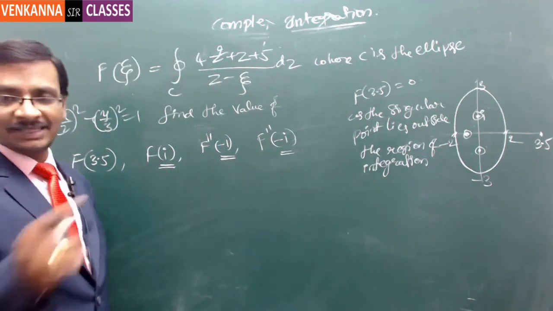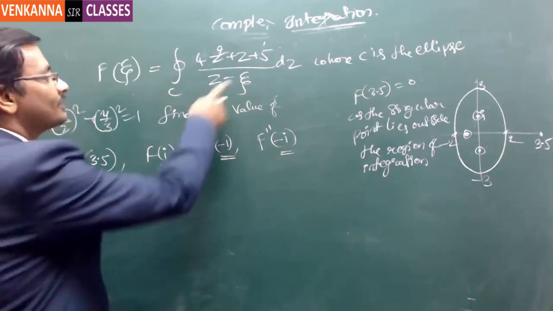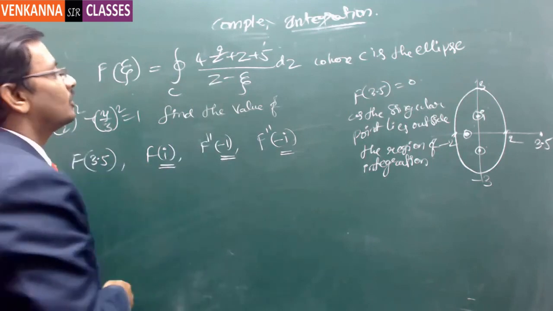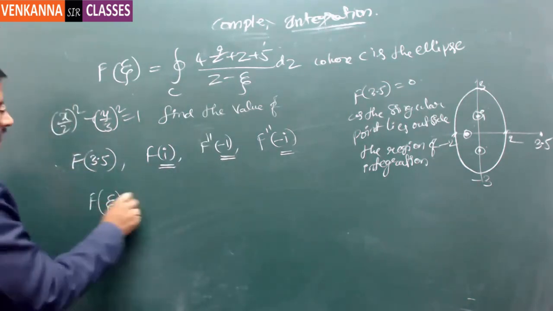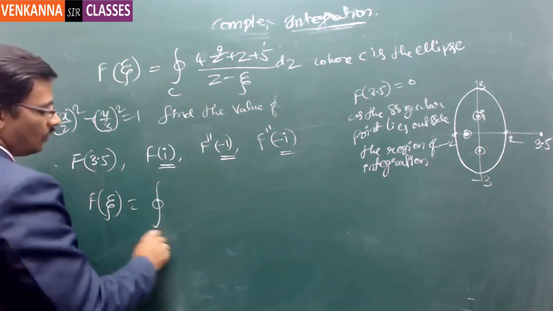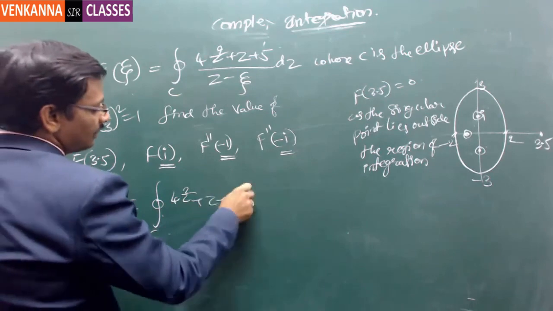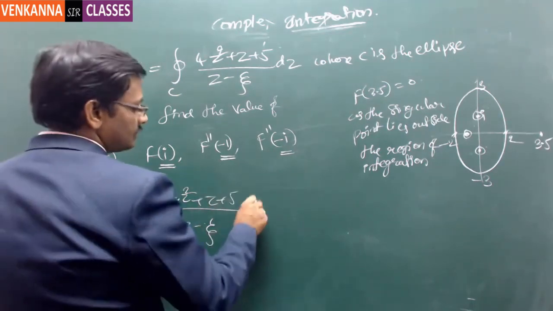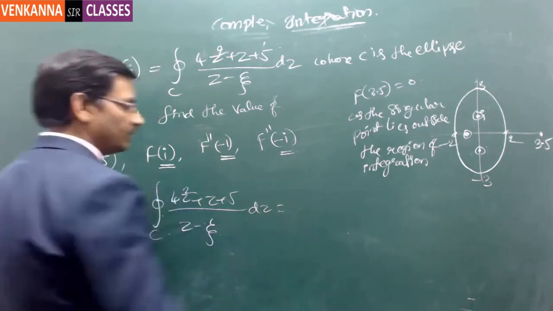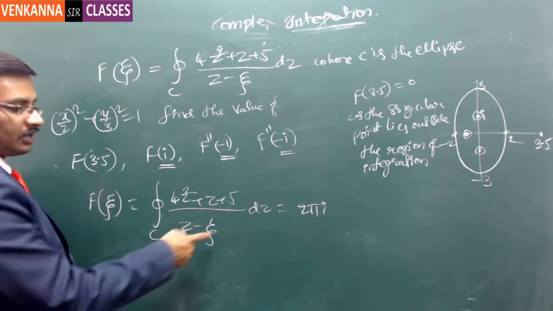If there is a singular point, obviously the integral of f of xi, over the contour C, of (4z square plus z plus 5) divided by (z minus xi) dz, comes out to be 2 pi i times f of xi, because xi is within the region of integration.